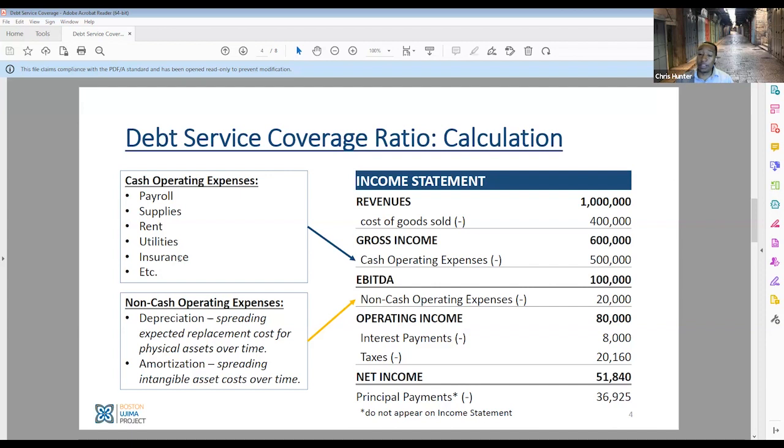If you're paying for a vehicle, all of these things are paid for in the regular course of business. They come out as you go through a year, a week, a month. And what's left after you pay all those expenses is that EBITDA, earnings before interest, taxes, and depreciation number.